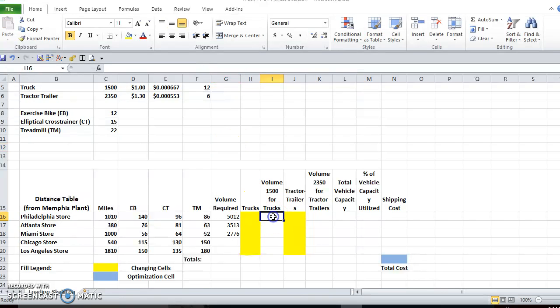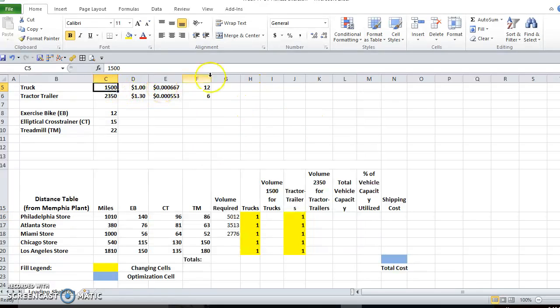The next thing we need is our volume. And our volume really does look at H16 and C5. H16 is the number of trucks. And the number of trucks here, right now we're going to do what's called seeding these, and the number of trailers as well. Let's seed those too. It would be one truck times, actually it's 1,500.